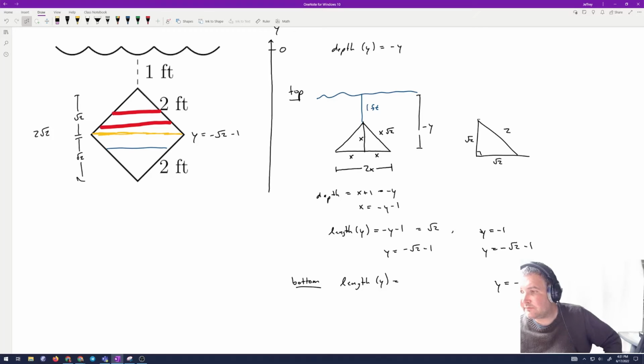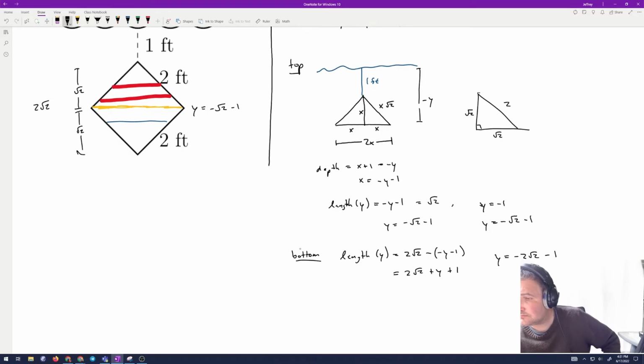So what about the length of y? Well, we want the length to be the total length minus what we had before, minus y minus 1. And if we take this, we get 2 root 2 plus y plus 1, and let's just check to see if this works. If y is equal to negative root 2 minus 1, we should get a total length of 2 root 2.